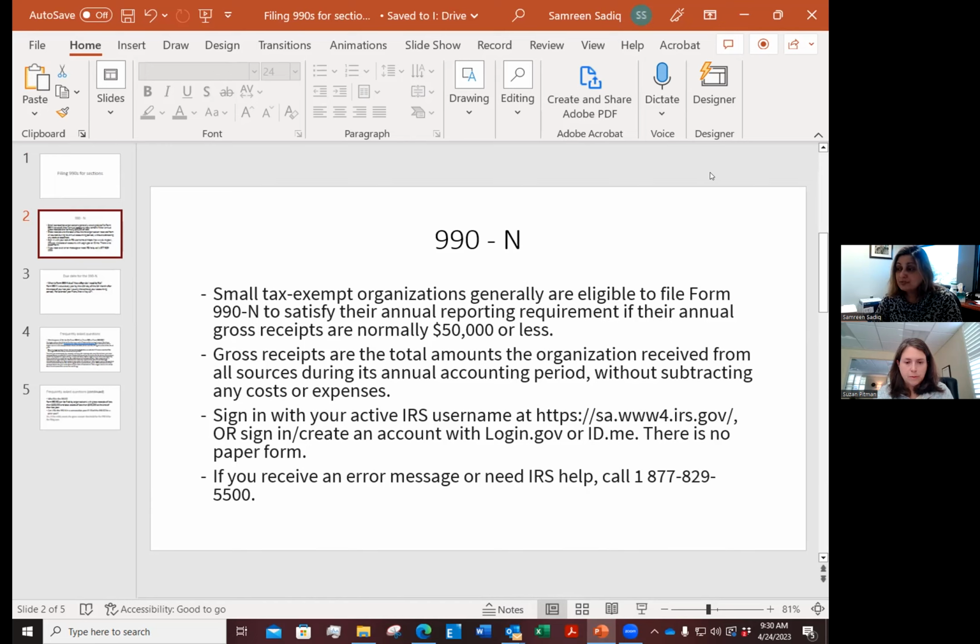Sometimes organizations receive an error message when they log in if there's a mismatch between the username they're typing and what the IRS has. In that case, a helpful number to have is this 1-877 number where you can contact the IRS and there will be live help. They can reset your usernames and passwords.